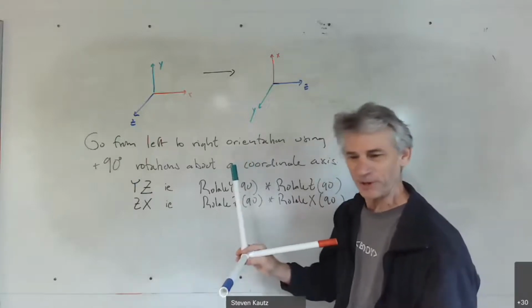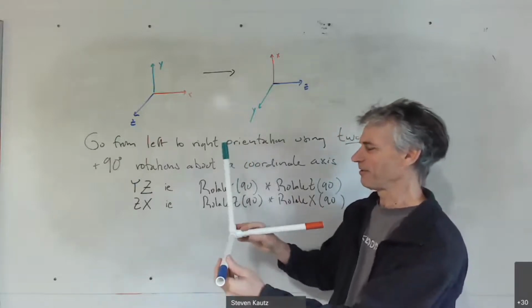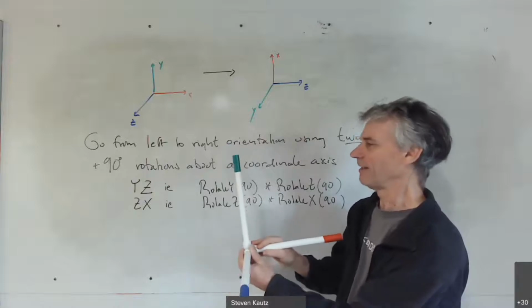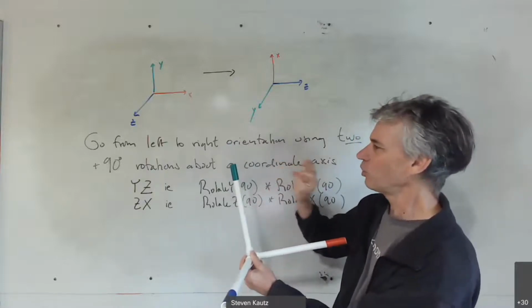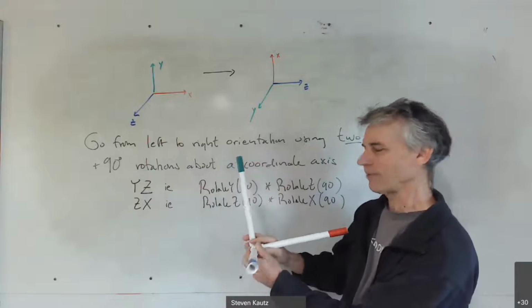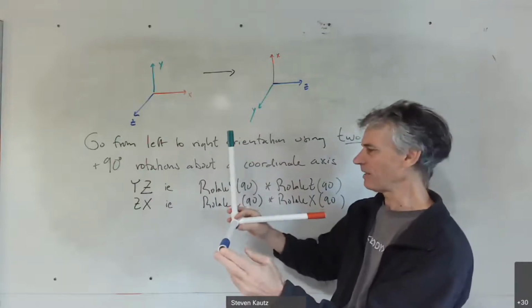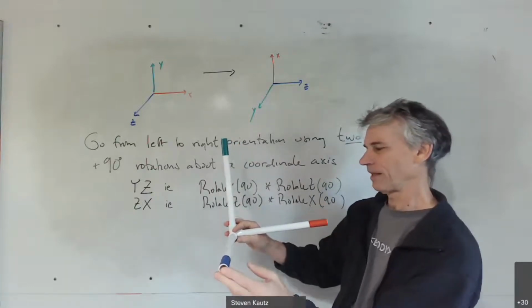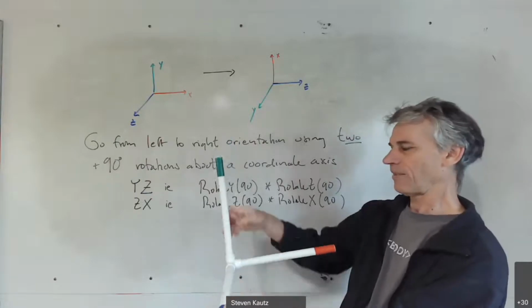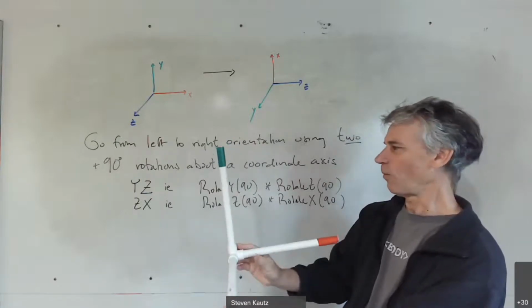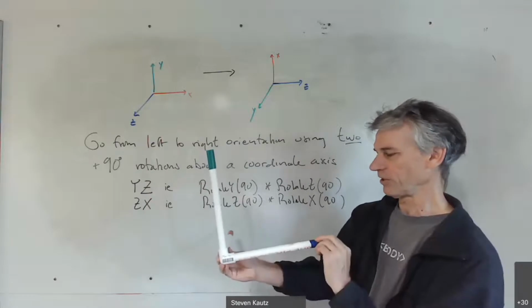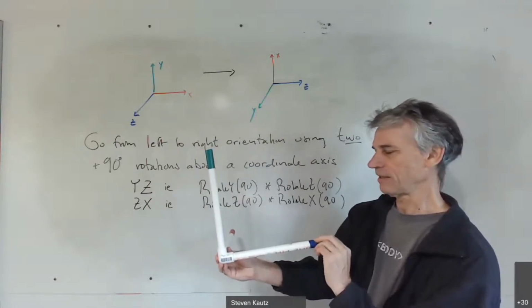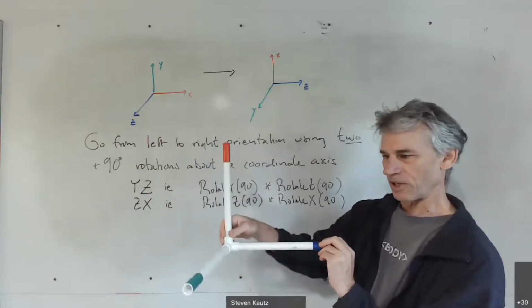Can you find some more? I guess that would be the next question. Again, restricting our attention to two axes, positive 90-degree rotations. How many different ways can we figure out to get there? How about if we do a y rotation first, and then intrinsically a z rotation?